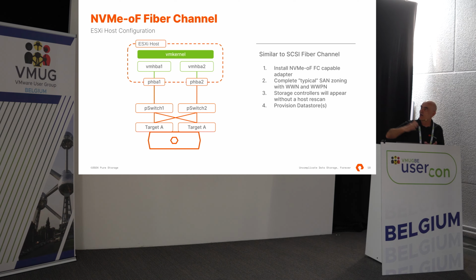You go straight down on your ESXi configuration, host by host, and you configure the WWN and the WWPN on the HBA in the configuration section, and that's it. Like this today for Fiber Channel. And then you provision your data store.